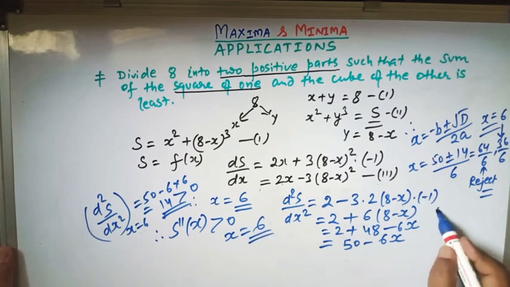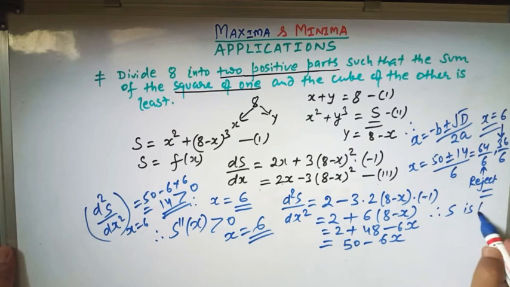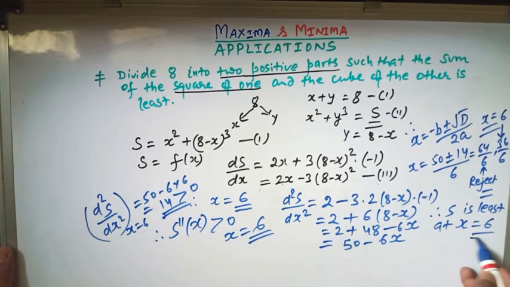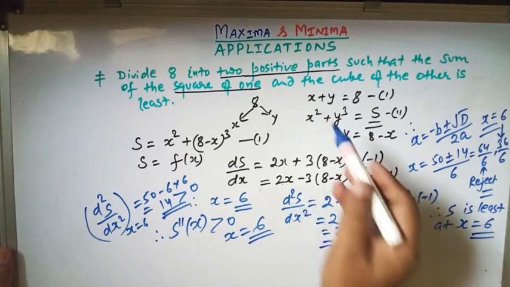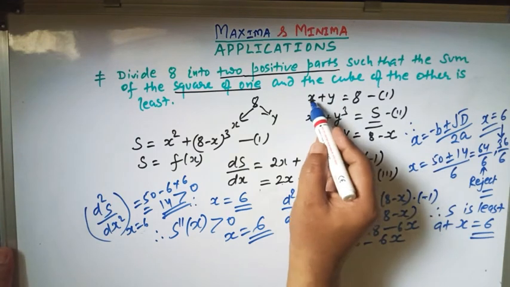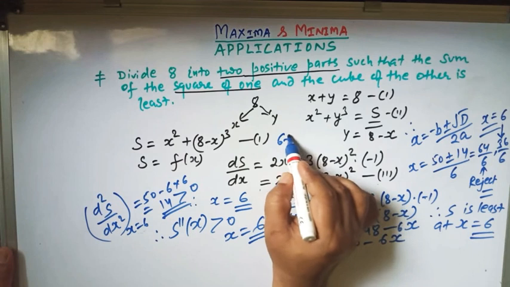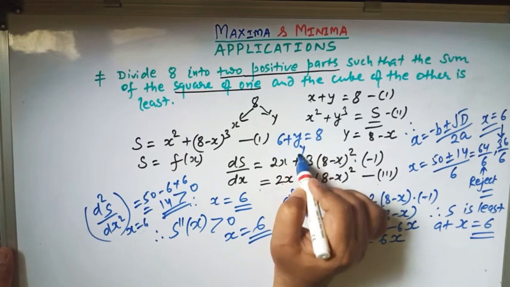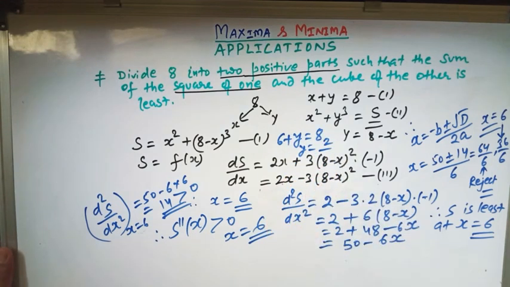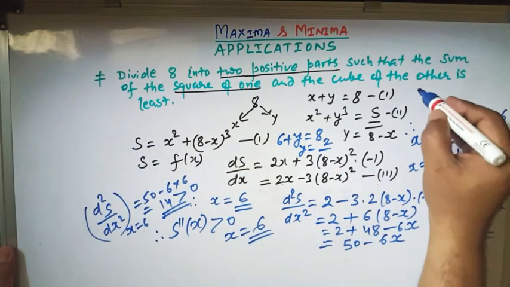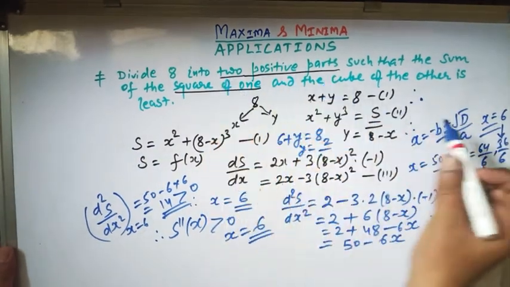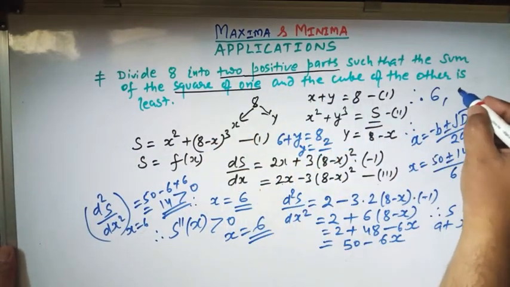Therefore s is least at x equal to 6. Now we find the value of y. If we put 6 here, we get 6 plus y is equal to 8, and y is equal to 2. So therefore the required two positive parts are 6 and 2.